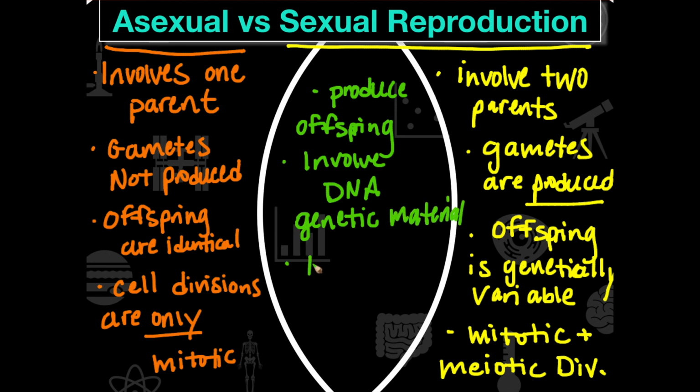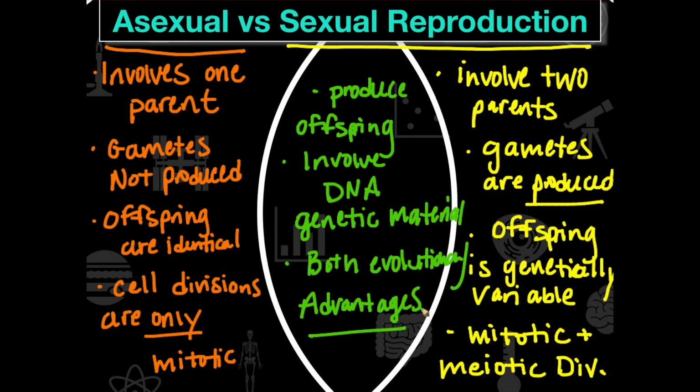And then both are going to have evolutionary advantages. So both have evolutionary advantages that will be a little bit different, but they're going to be used differently dependent upon the environment.